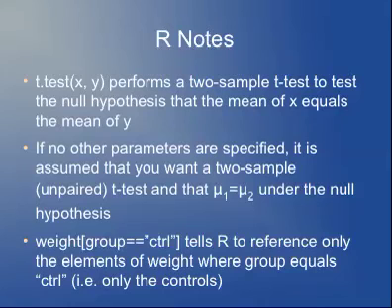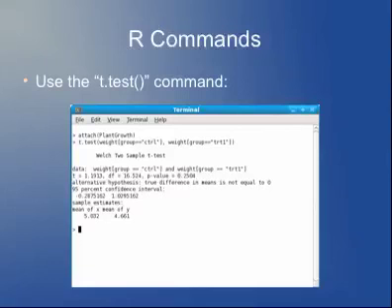And another R syntax note that you may not have seen before, on the previous slide. I said weight, and then in square brackets, group equals control, and then weight, brackets, group equals treatment 1. What that says is I want only the elements of weight where the group variable is equal to control.